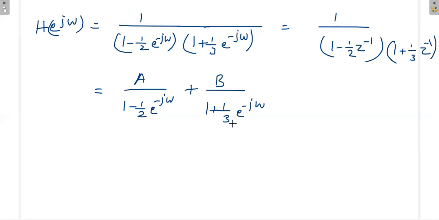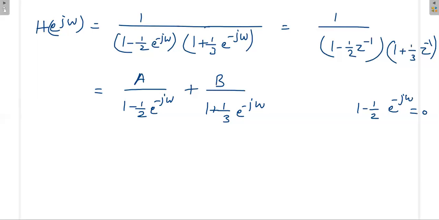Now we'll try this because it is looking a little bit difficult. Again, we know that shortcut. Whenever we concentrate on this pole, 1 minus 1 by 2 e power minus j omega is equal to 0.